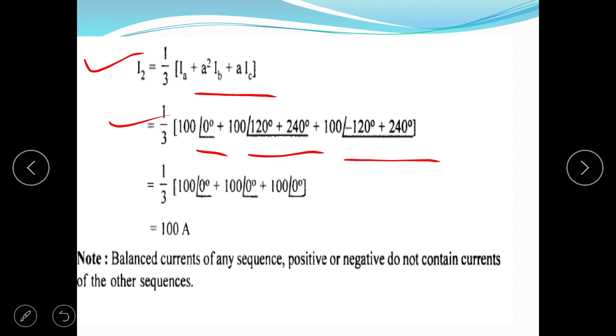Now its value is 1/3 of 100 at 0 degree plus 100 at 0 degree plus 100 at 0 degree. So its value is 100 ampere. It means balanced current of any sequence, positive or negative, does not contain current of the other sequence. This is the procedure of finding sequence components.